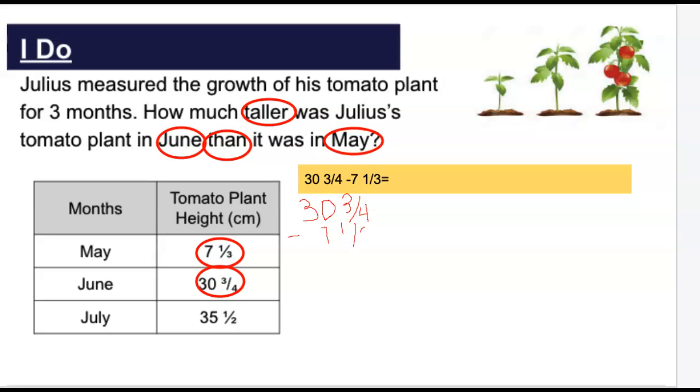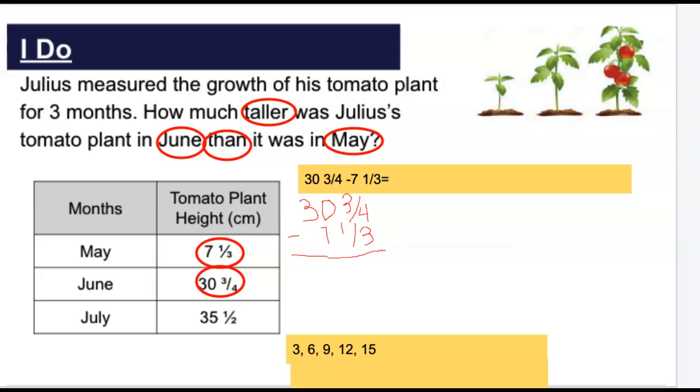The first thing I notice is that the problem has different denominators. So in order for me to find the correct denominator that they both have, I'm going to list my multiples for 3 and my multiples for 4. When I list my multiples of 3, I have 3, 6, 9, 12, and 15, and I could go on.